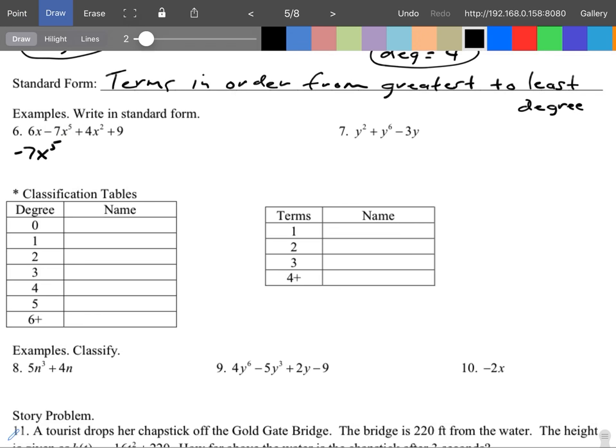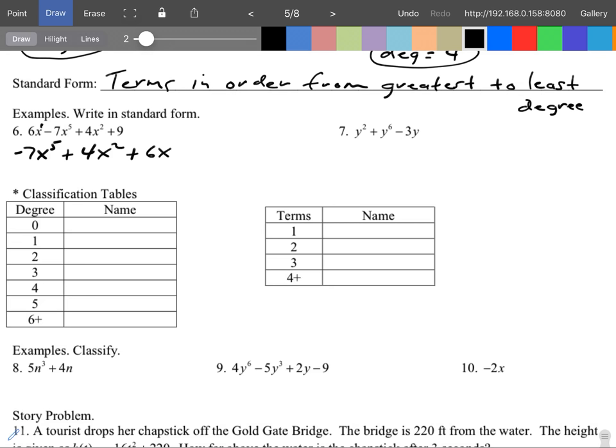Then my next highest power term would be x squared, or the term with degree 2. So that would be plus 4x squared. And then my next highest degree term would be degree 1. So that would be plus 6x.